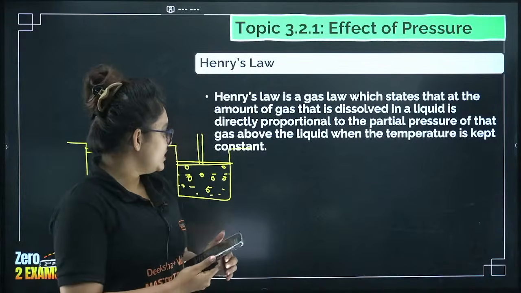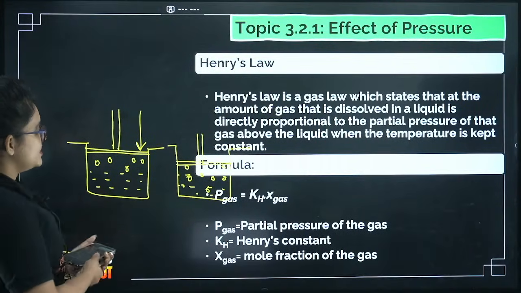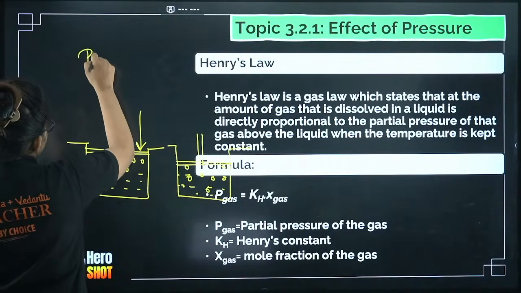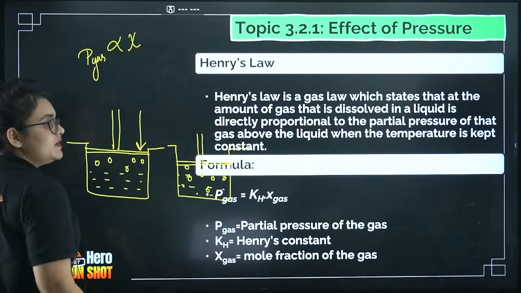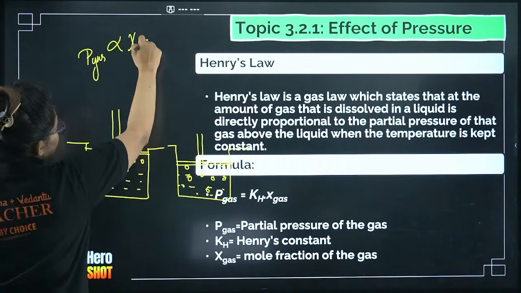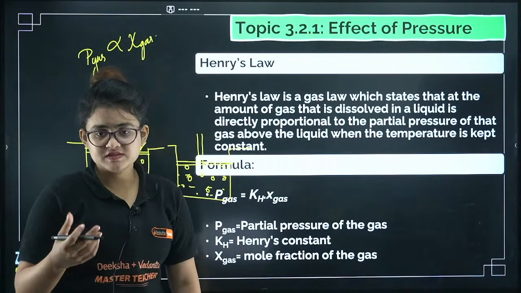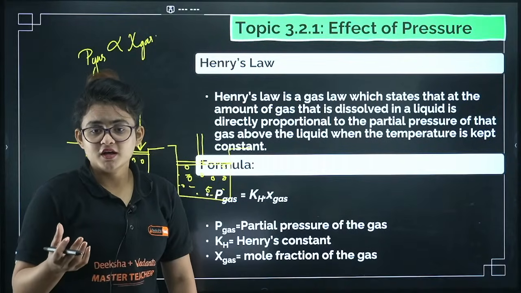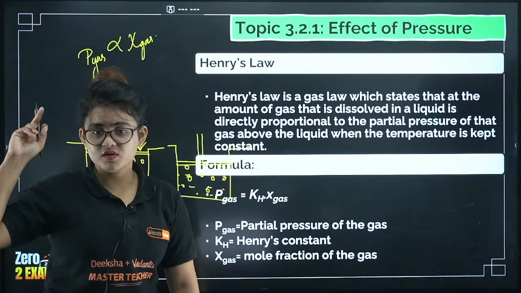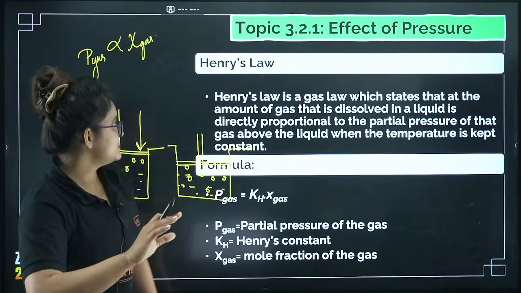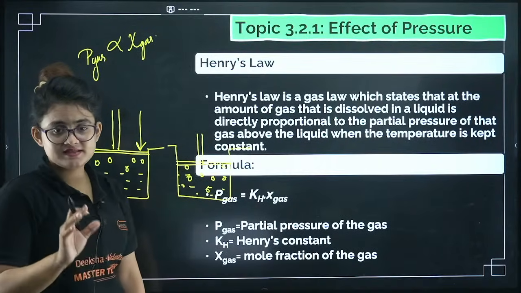Now here you can see the formula of Henry's law: the partial pressure of the gas is directly proportional to the mole fraction, where solubility is indicated as the mole fraction. Solubility means how much will be soluble: the number of moles of gas. And the number of moles can also be expressed in terms of mole fraction. That's the reason solubility is expressed in terms of mole fraction in Henry's law.